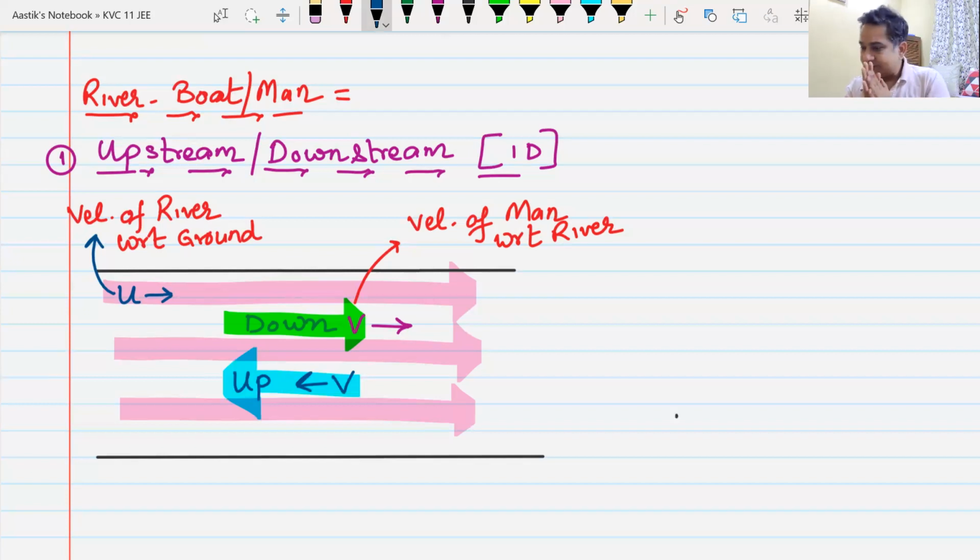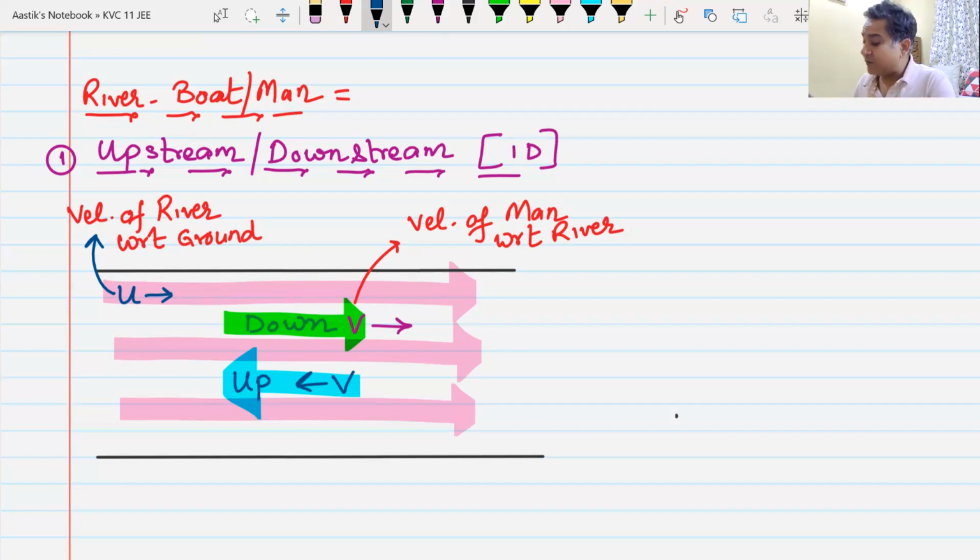Do we understand this? Now, the question will have very simple things. Velocity of the river would be given, velocity of the man with respect to river is given, and then it would be given that he moves some distance downstream, he moves some distance upstream. What is the time taken?